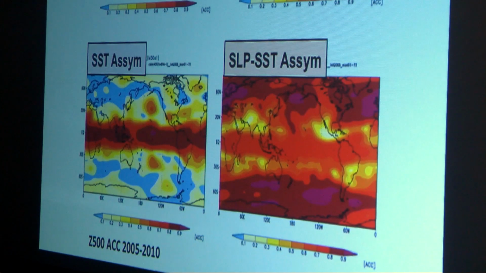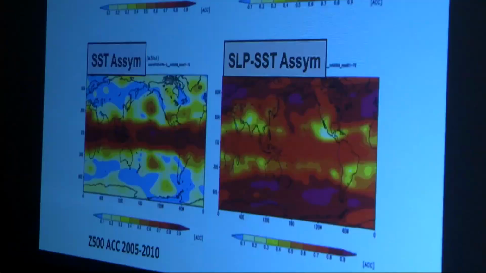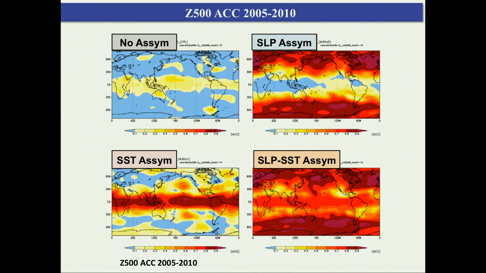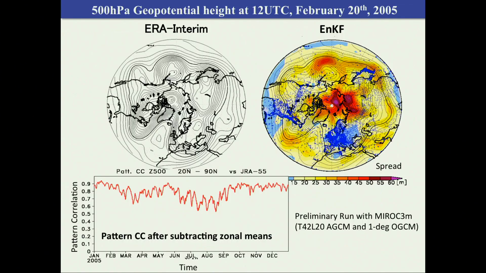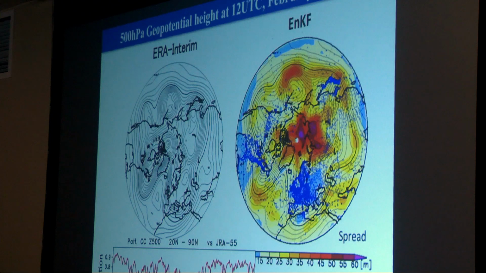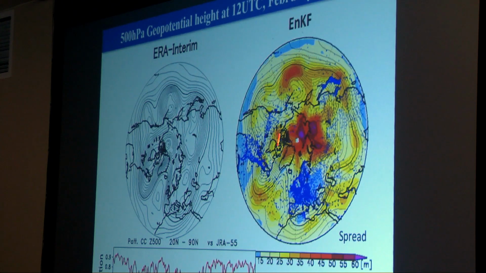If you give SLP and SST together in the coupled system, then we may expect globally improved reproducibility. And an actual example: this is ERA, not observation, analysis, and this is the surface-data-only assimilation. And this is 500 hectopascal.